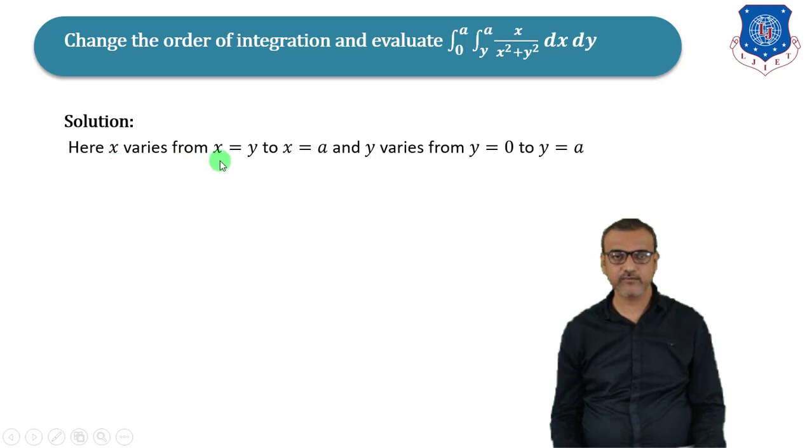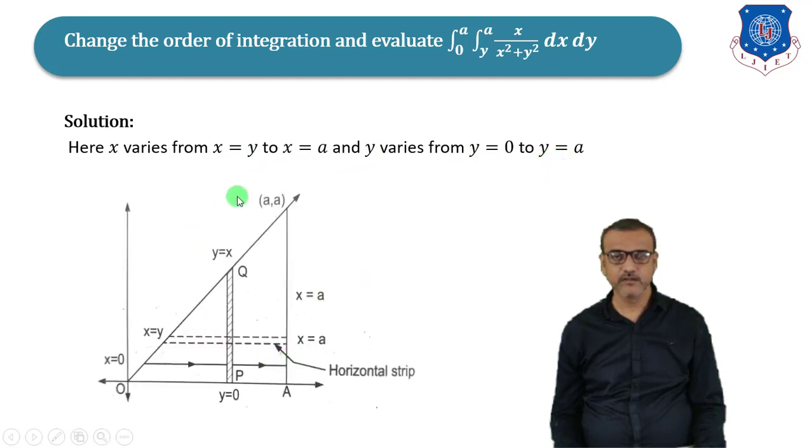Here x varies from x equals y to x equals a, and y varies from y equals 0 to y equals a. Now with the help of these lines we will draw the graph. First of all, x equals y is a line passing through the origin. Then x equals a is a line perpendicular to the x axis and parallel to the y axis, passing through the point a, whose coordinate will be (a, 0).